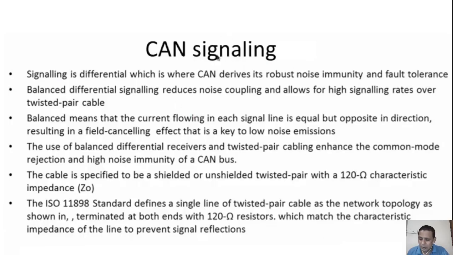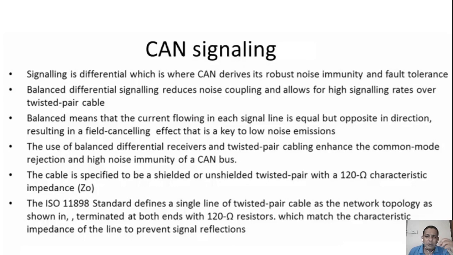Then now we can see about the CAN signaling. Signaling is differential, which is where CAN derives its robust immunity and fault tolerance. Differential means we have a CAN high line and a CAN low line. For digital 0 we send 3.5 volts in CAN high and 1.5 in CAN low.